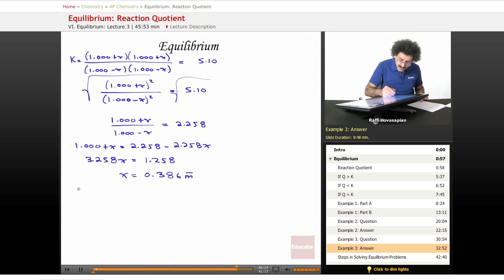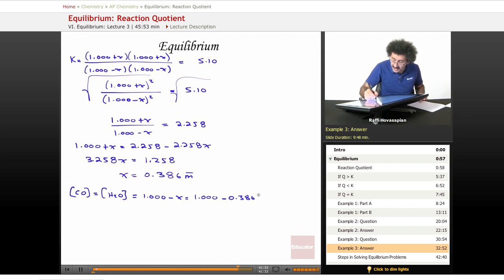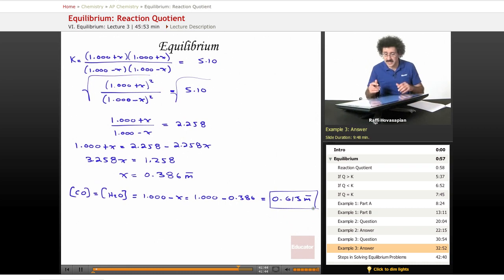So the CO concentration, carbon monoxide concentration, which also equals the H2O concentration, is equal to 1.000 minus X, 1.000 minus 0.386 equals 0.613 molar. So the carbon monoxide and the water are at 0.613 molarity.